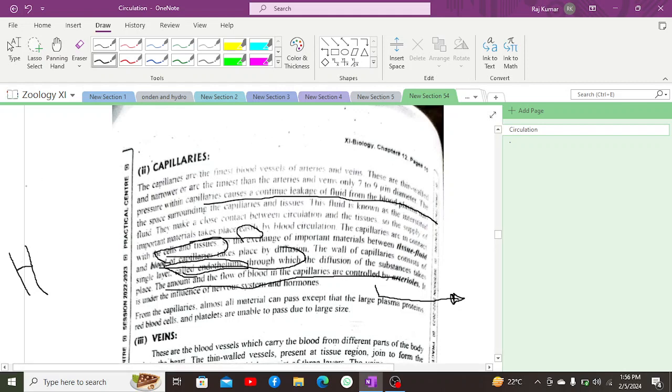And capillaries are arranged in such a manner that these are tiny capillaries.